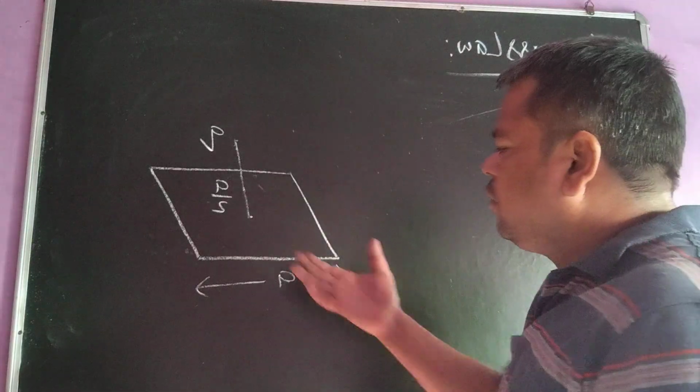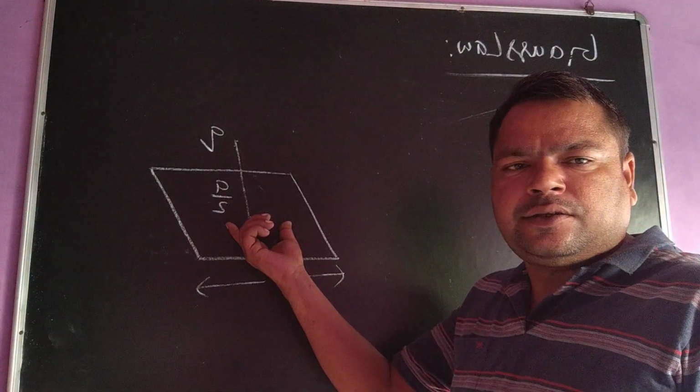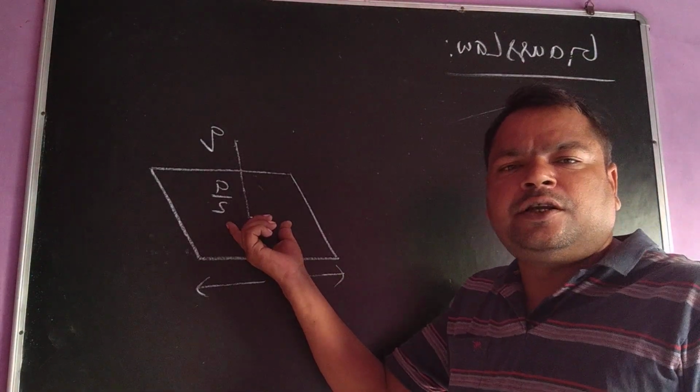So now this surface is not a Gaussian surface, because a Gaussian surface should be closed and symmetrical.